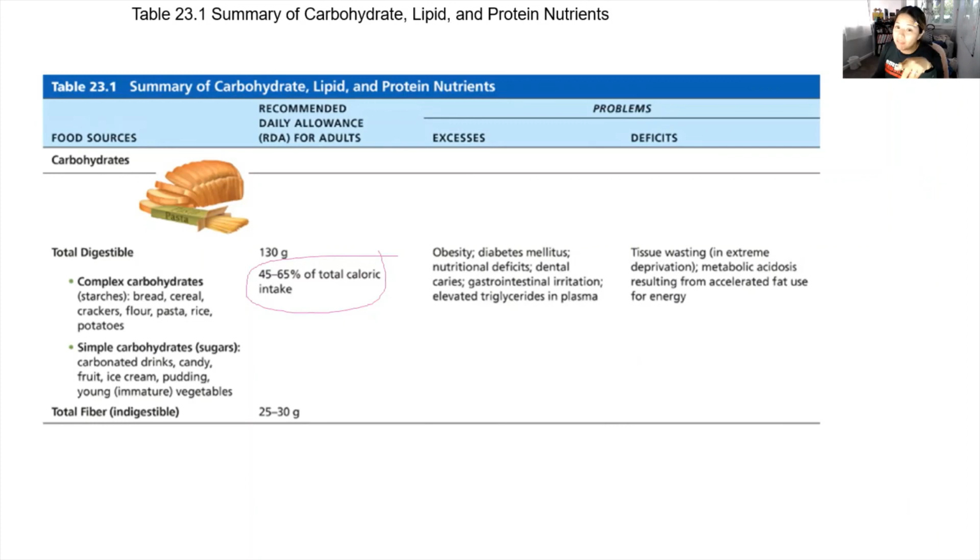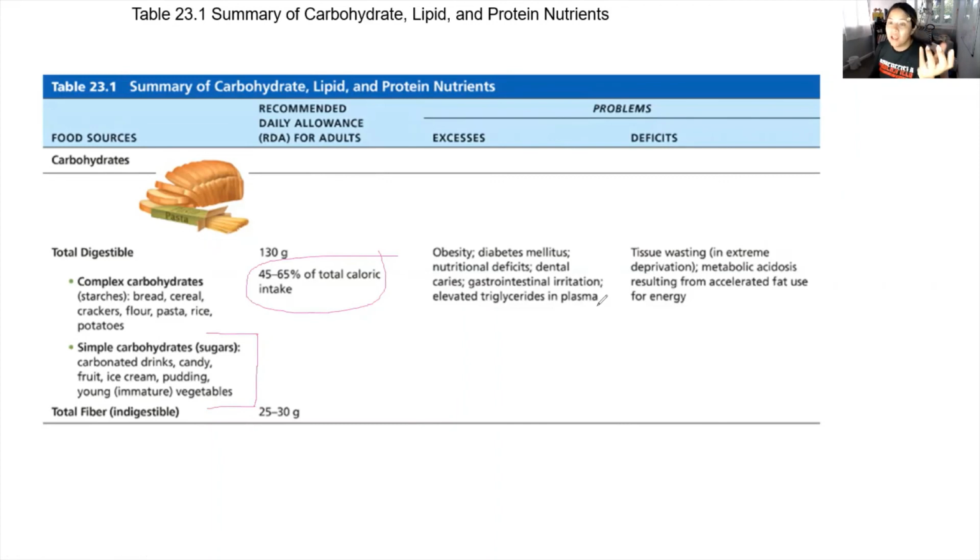Now, if you don't have enough carbohydrates, you will see tissue wasting and extreme deprivation. And actually, a lot of times, because simple carbohydrates don't involve digestion, because when you digest, you're actually burning calories as you digest food. With simple carbohydrates, you're just straight absorbing it. There's no chemical breakdown that's happening. They're already in their simplest form for the most part.